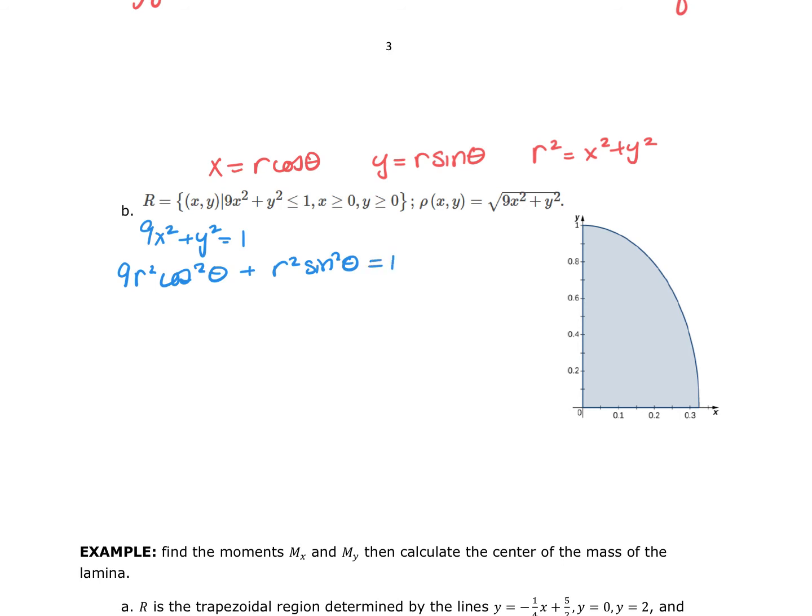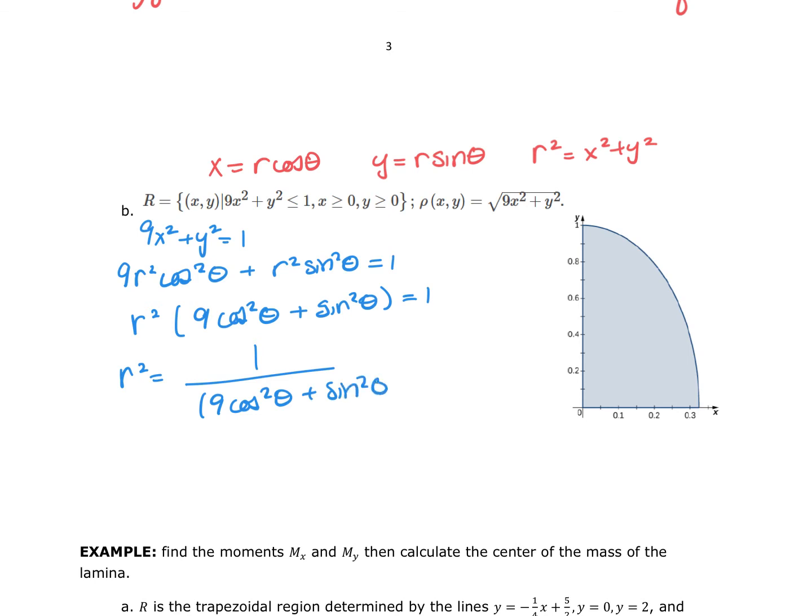So I'm going to factor out an r squared, and I'm going to have 9 cosine squared theta plus sine squared theta is equal to 1. That means r squared is equal to 1 over 9 cosine squared theta plus sine squared theta.